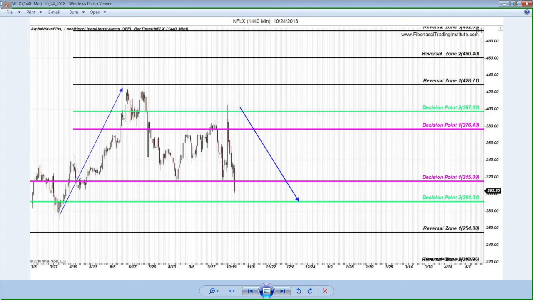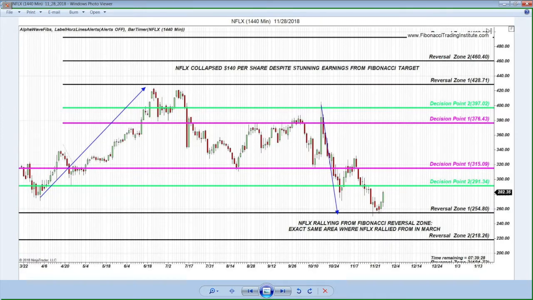After many months, 315 key support is broken. This is Netflix a month later. Shock or not? How is it possible? Netflix adding 7 million, 9 million, endless number of subscribers, and Netflix crushed that much from 420 all the way to 260?